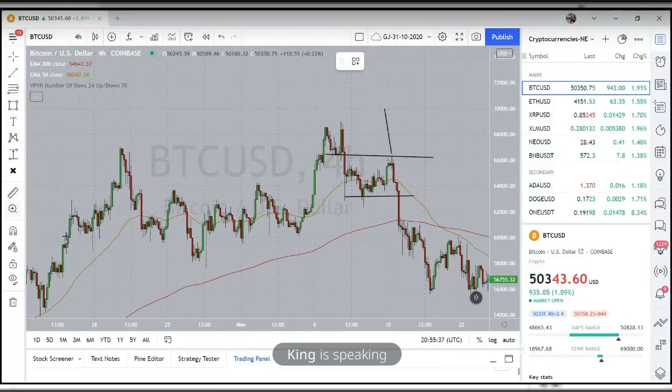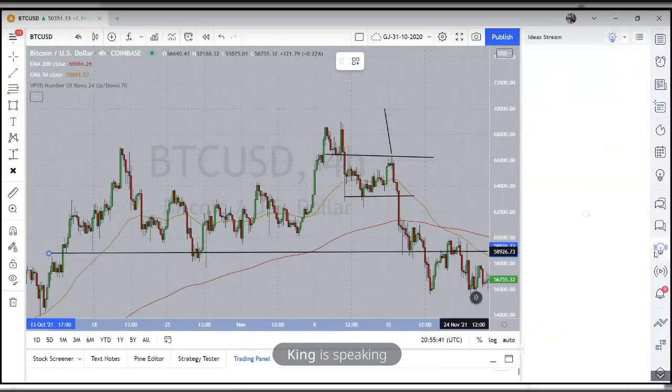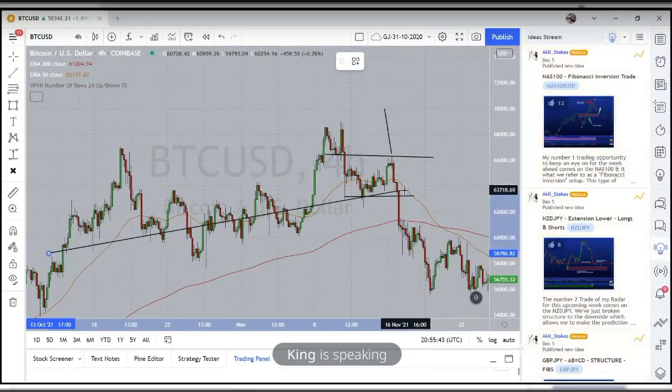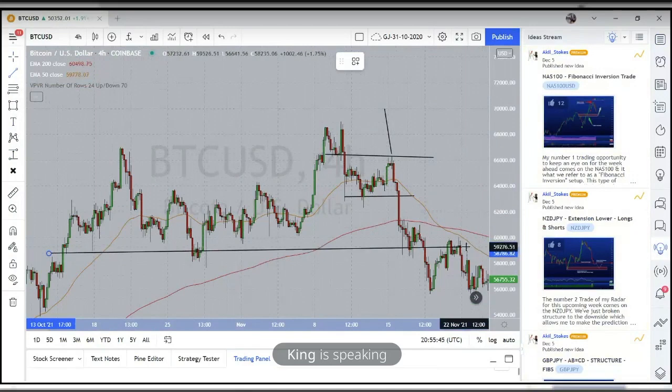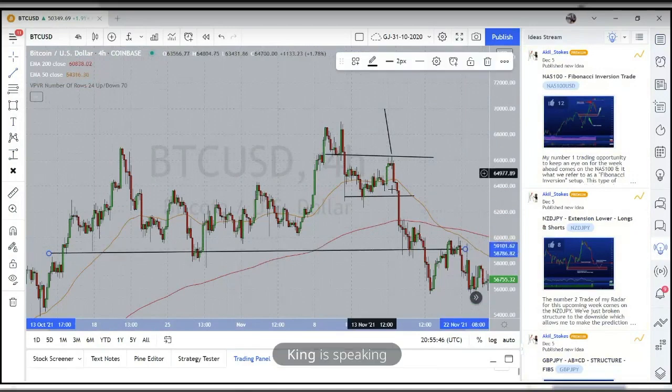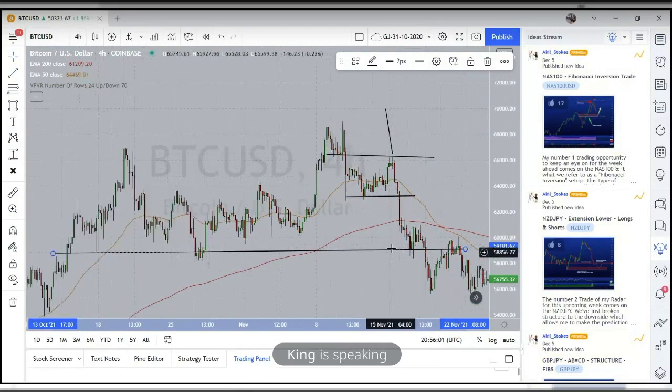but we still have a higher time frame or larger trend going. So with a break of this area, I can then look to trade down to here, from around 63K to 59, 60K, and I can then look at that to start placing the trade.